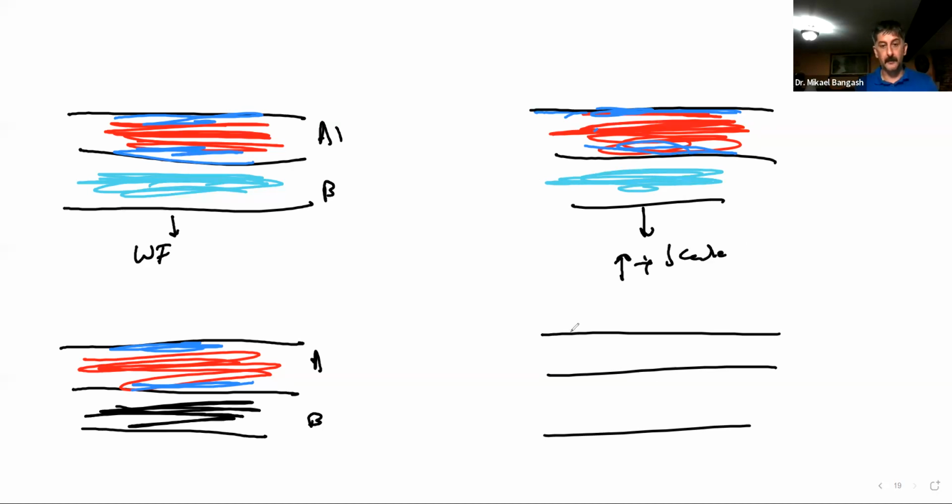We may actually be able to get rid of the aliasing.